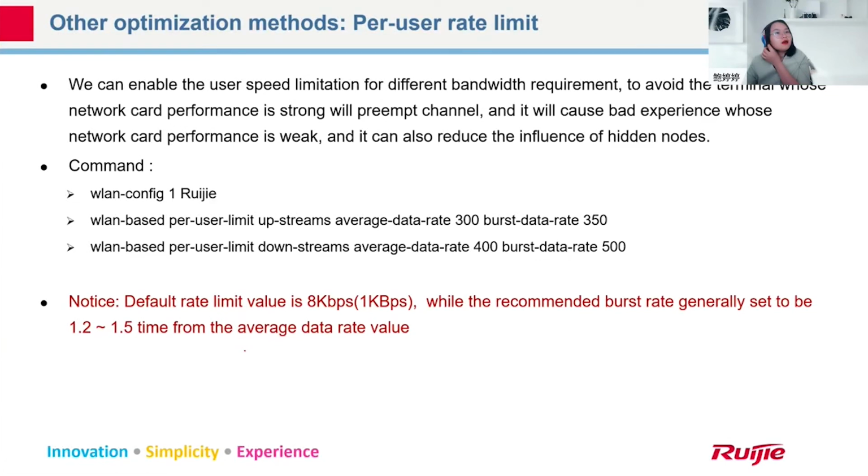And pay attention, by default, the rate limit value, if you enable it, is 8 kbps. And it is recommended to set the burst rate to be 1 to 1.2 or 1.5 times the average rate value. So this is a suggestion.